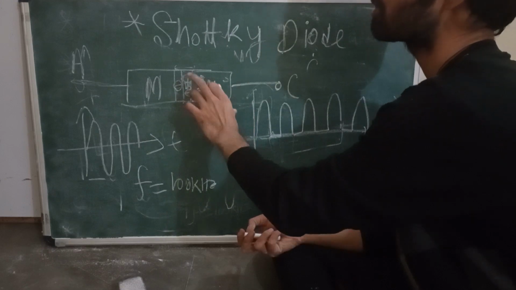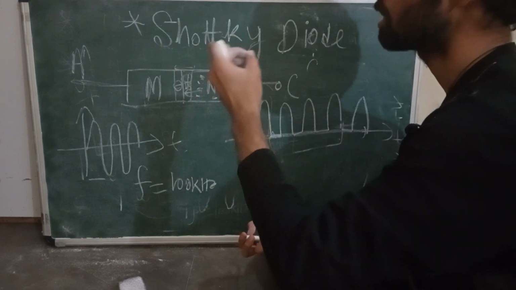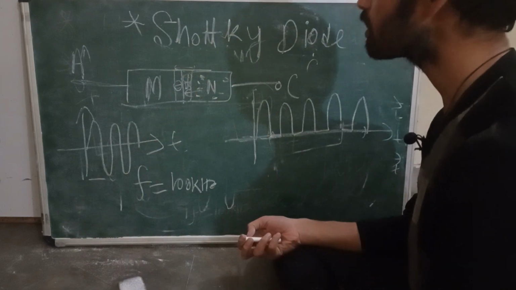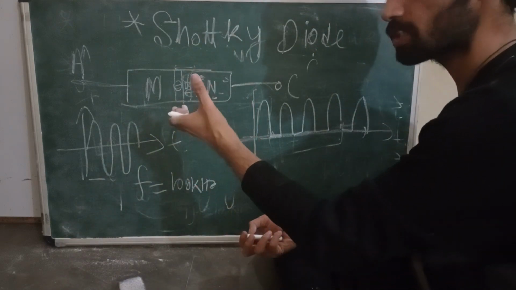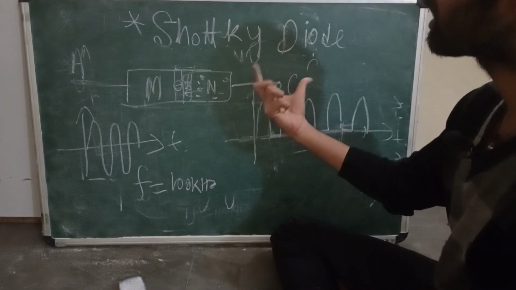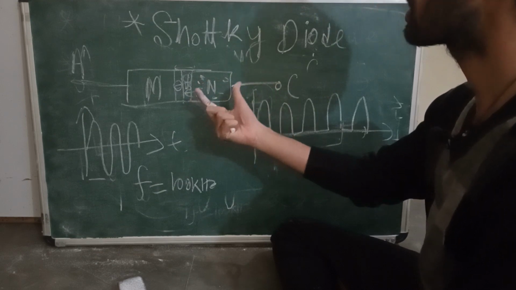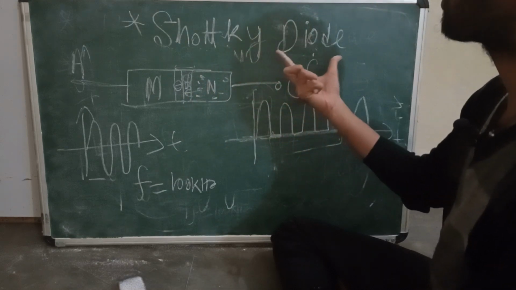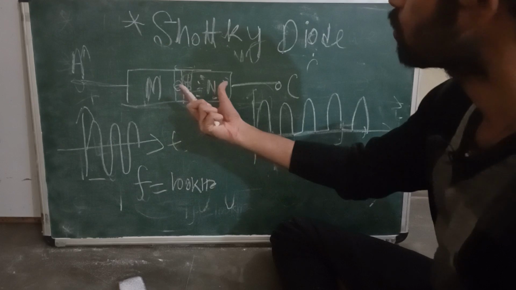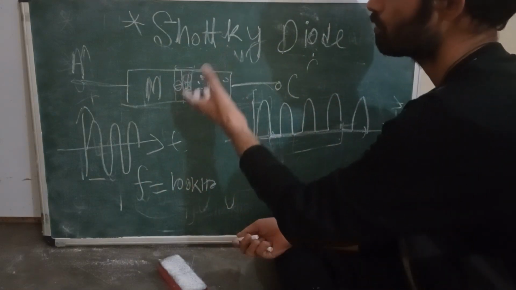So that's why the Schottky diode is also used in high speed switching circuits, like logic circuits and CMOS circuits. Very high speed switching is required, so for that we are using the Schottky barrier diode. These are some advantages that we have found here.